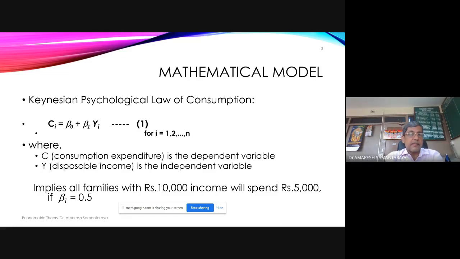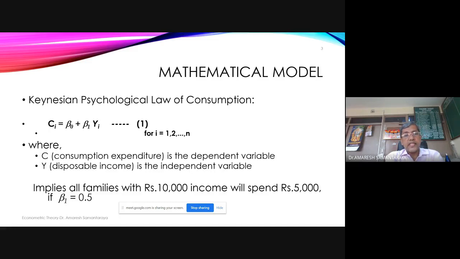Given this shortcoming or limitation of the mathematical model, we have to improve it so that it explains economic behavior in a more realistic way. We call this a deterministic model because it is deterministic, telling a fixed increase in consumption for a particular amount of increase in income.